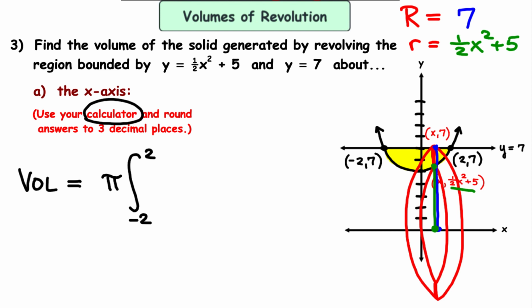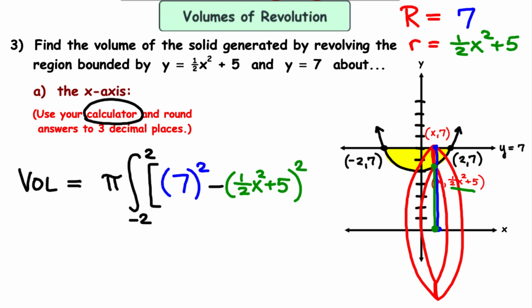All right, remember that the radii are getting squared. So you put in the 7, and that has to get squared, minus, then you put in the inner radius, which also needs to be squared. And of course, that's dx at the end, the differential.